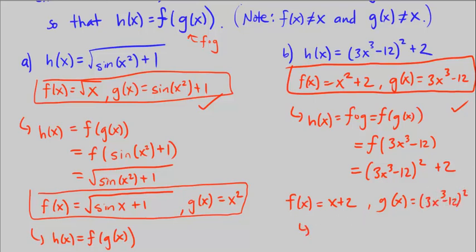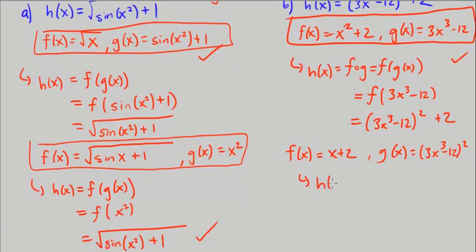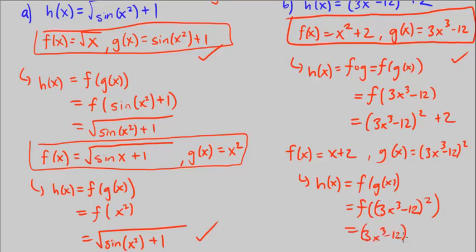I can check this easily: h of x is f of g of x, which is f of 3x cubed minus 12 squared. Plugging this into x, I get 3x cubed minus 12 squared plus 2. Again, that's the original h of x that we want, so this is another possible answer.